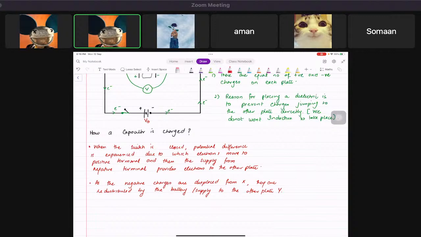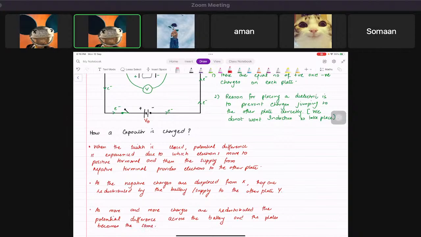Now, as more and more charges are redistributed, the potential difference across the battery and the plates becomes the same.